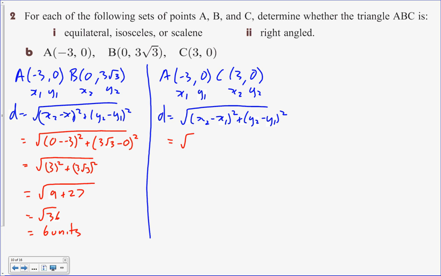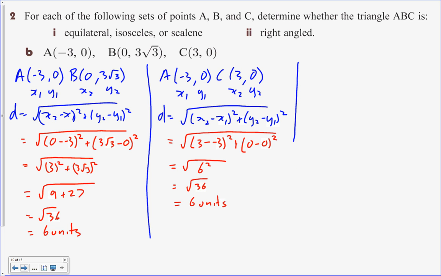So equals square root x2, 3, take x1, take -3 squared, plus y, which is 0, take 0 squared. So here we've got square root 3, take -3, so it's 3 plus 3, so it's going to be 6 squared, plus 0, so equals square root 36, so equals 6 units.